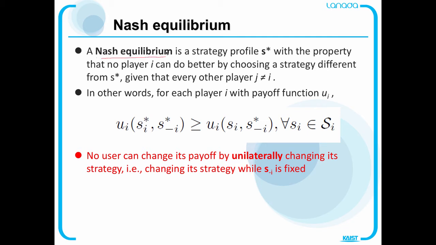Okay, so Nash equilibrium is a strategy profile, or strategy vector if you like, S star, which is a vector of the strategies across all the players, with the property that no player i can do better by choosing a strategy different from S star, like a deviation, given that other players are playing according to S star.